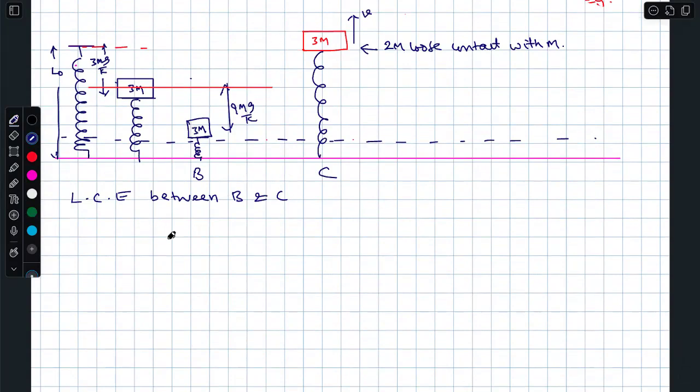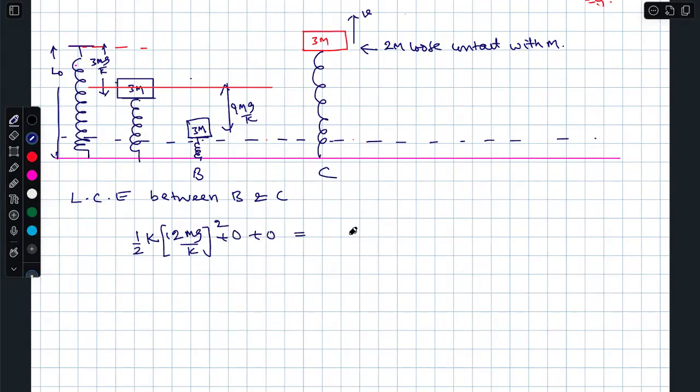So from here to here, what are the energies here? Half k times 12mg by k whole square. That's all here. The total energy at this point is elastic potential energy. Gravitational 0, kinetic 0.